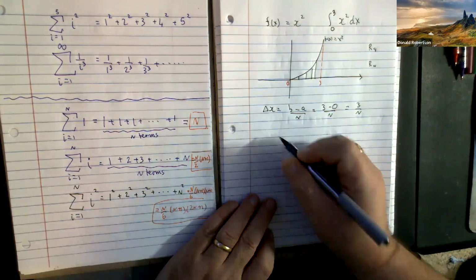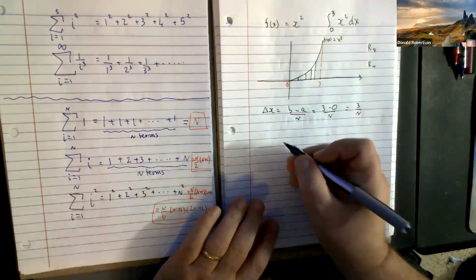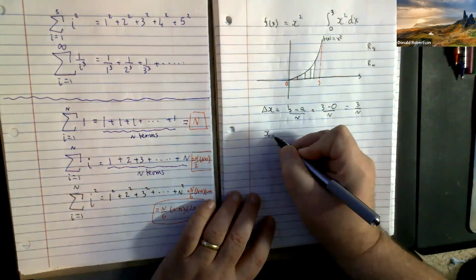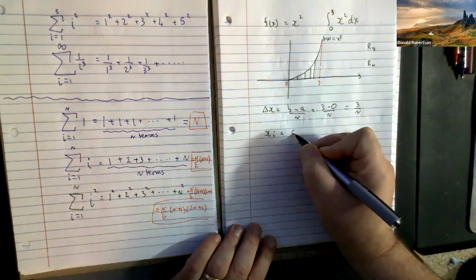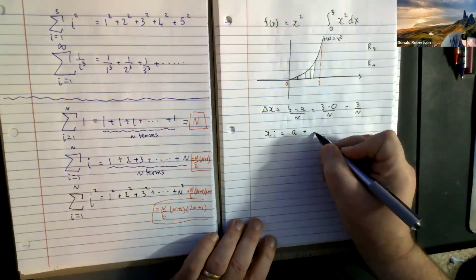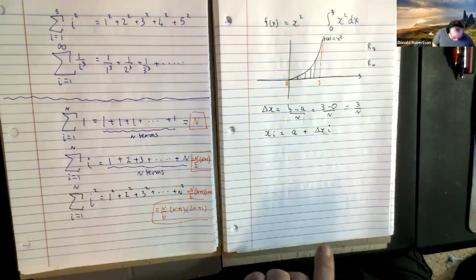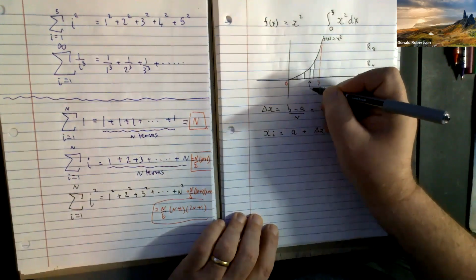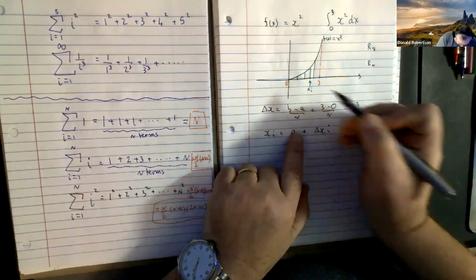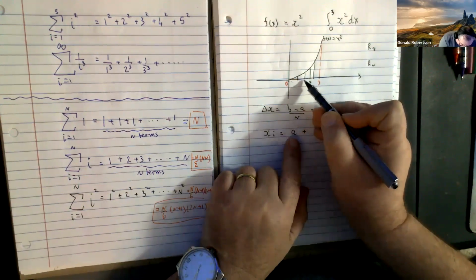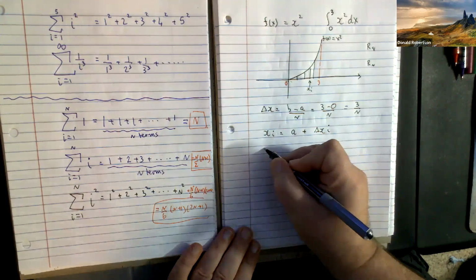Now, when we did our usual table, x0, x1, x2, x3, and so on, a general one in our table, xi, would be a plus i delta x. So if you wanted to know what a random xi would be, you would simply start at a, in this case 0, and just add 1, 2, 3, i delta x's, which is what that is saying.